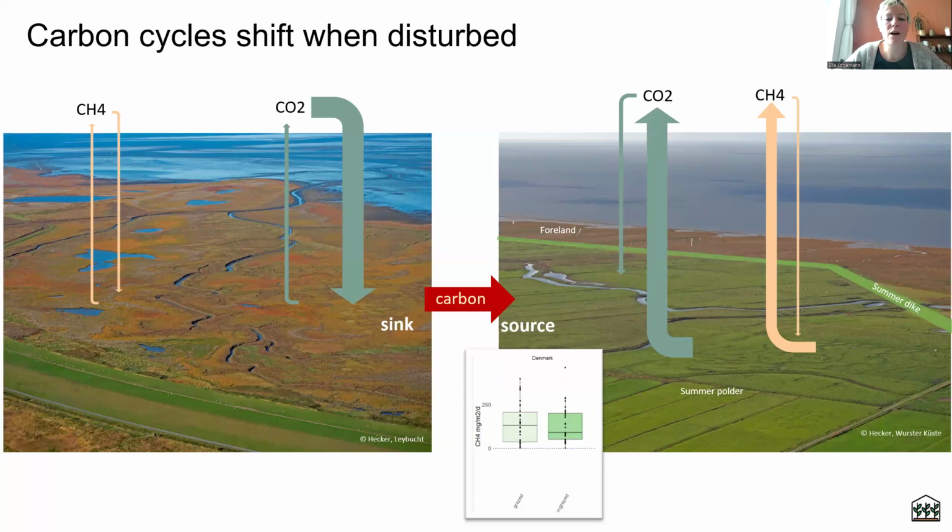And now we disturb the whole system by changing the hydrology or the salinity, which is happening a lot also throughout management, that you, for example, change the hydrology of the marshes through diking. And this in return can create a source, so make a carbon sink into a carbon source, which is maybe really important to consider in further management questions.